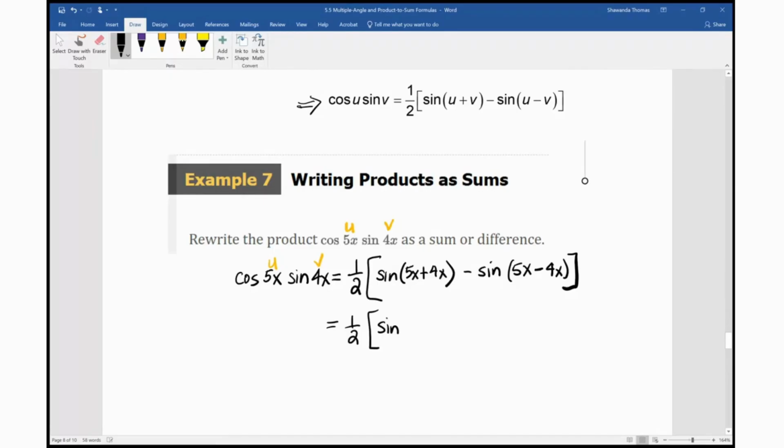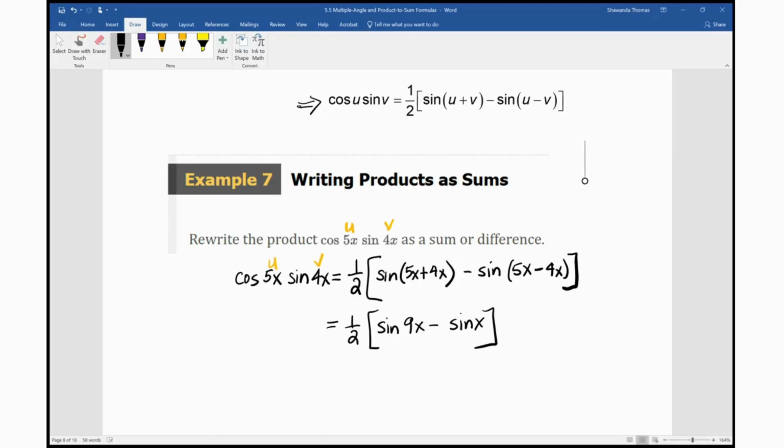What is 5x plus 4x? 9x. What is 5x minus 4x? Just x, yeah.